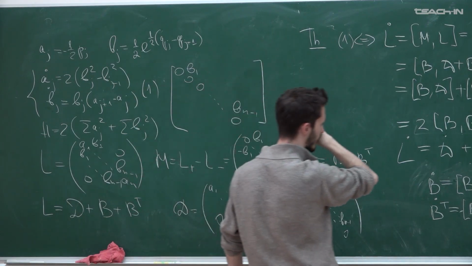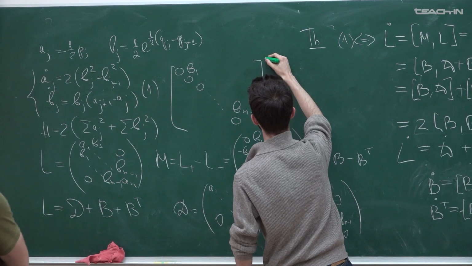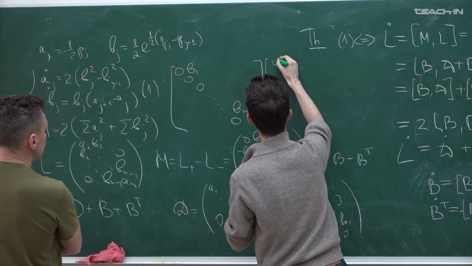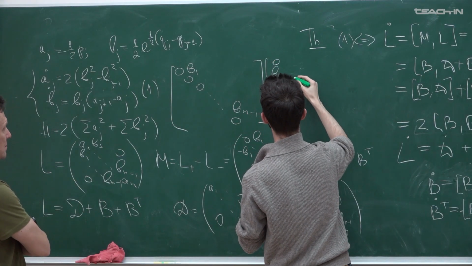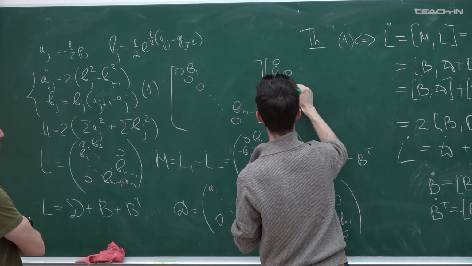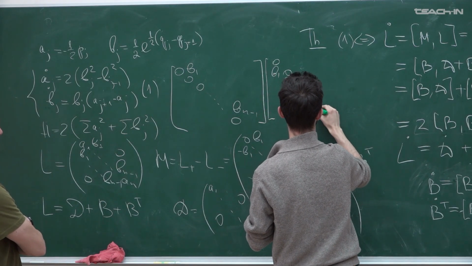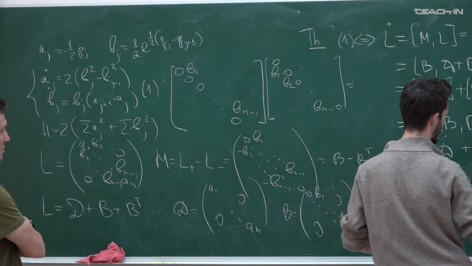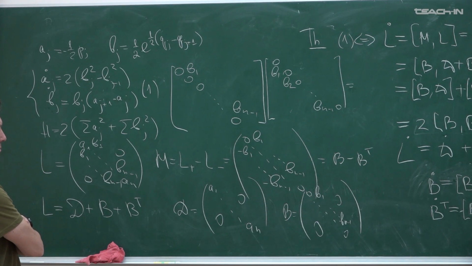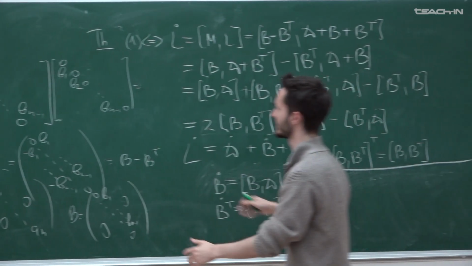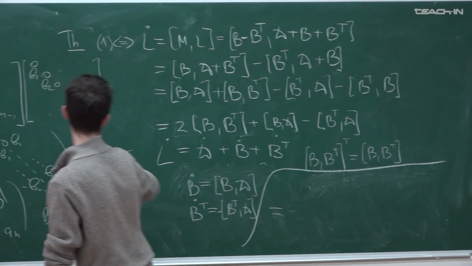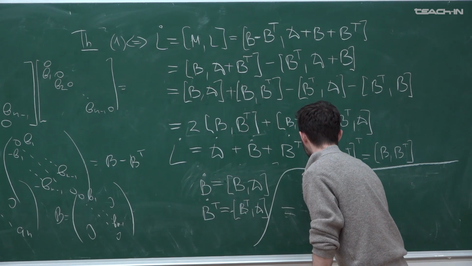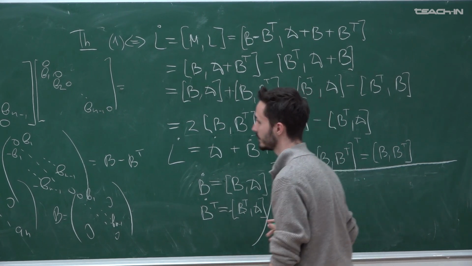If we multiply by the transposition, we get on the diagonal v1 squared.